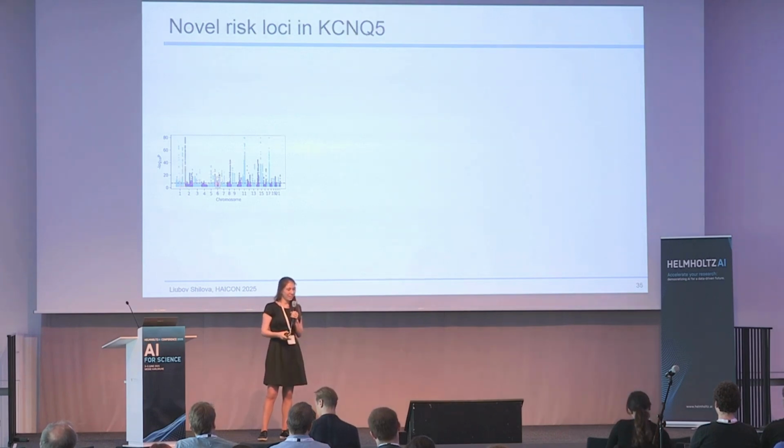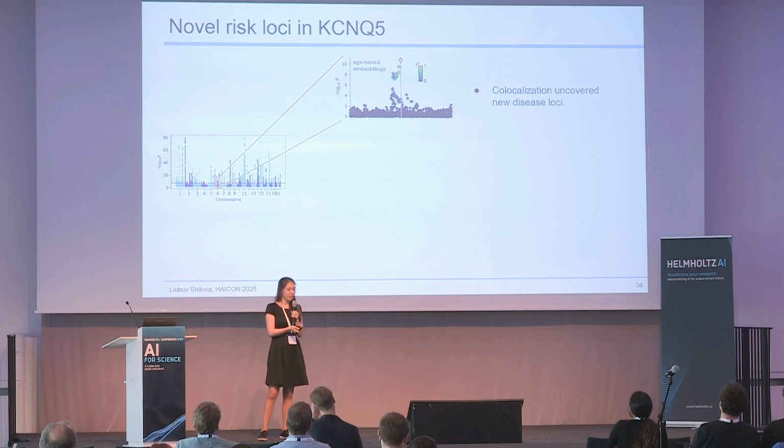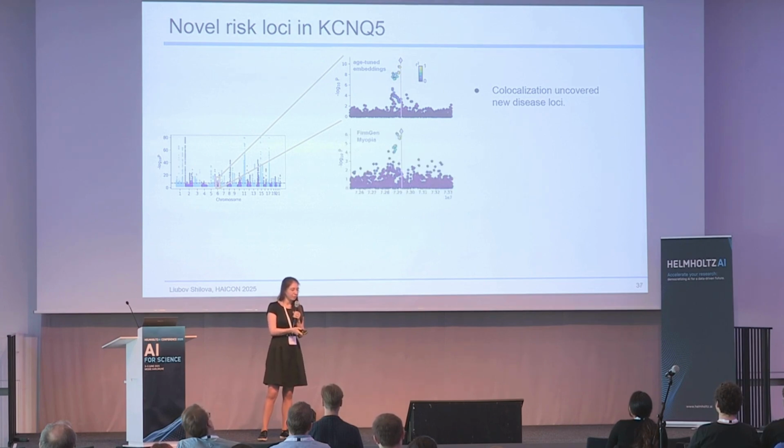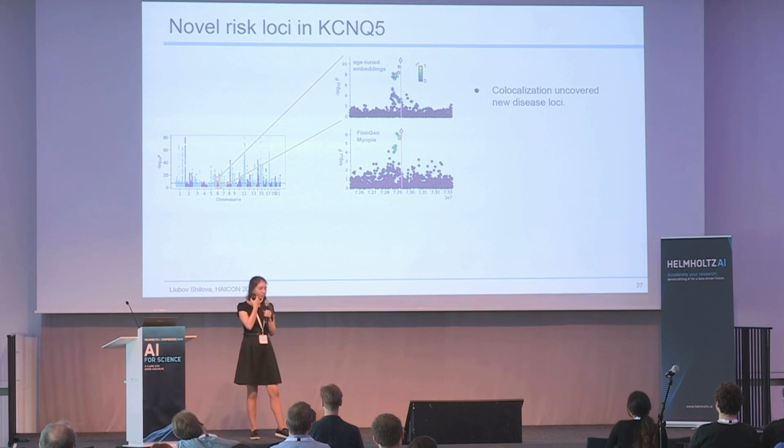Apart from that, RETFound has also identified novel risk loci. For example, the locus here in the gene KCNQ5 was associated with age-tuned embeddings, but it didn't reach genome-wide statistical significance in FinnGen.